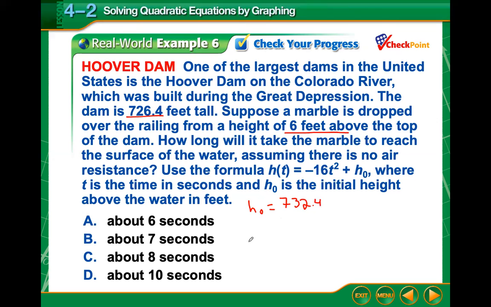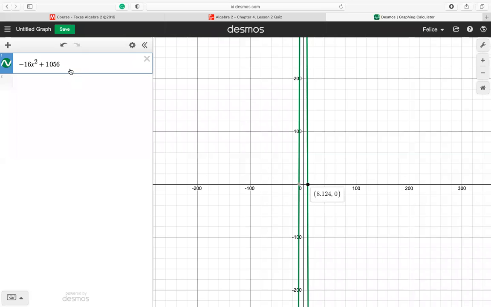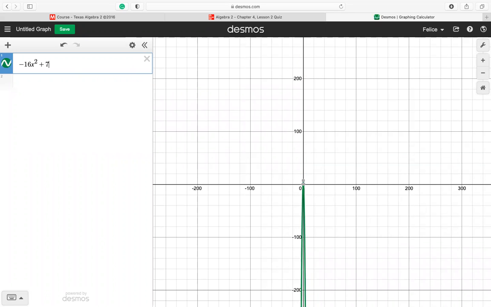So that means I'm going to graph y equals negative 16x squared plus 732.4. So we're going to go back to Desmos. Luckily, I already have negative 16x squared, and we're going to do plus 732.4.